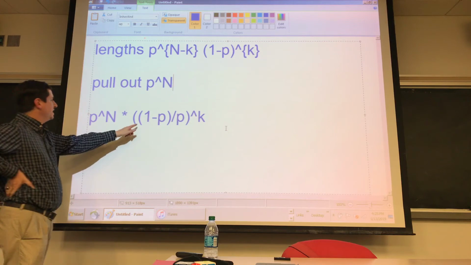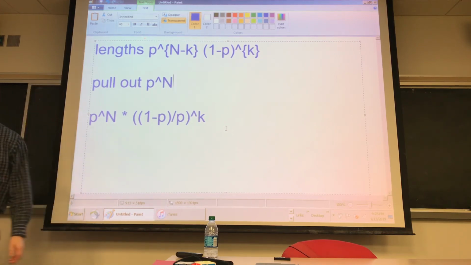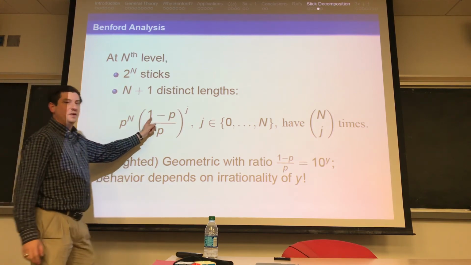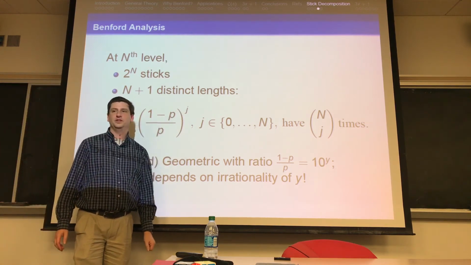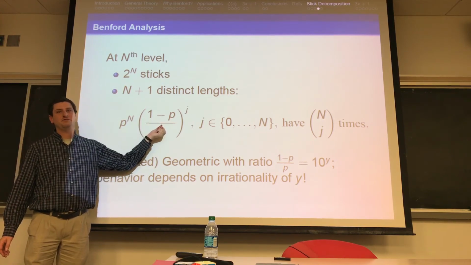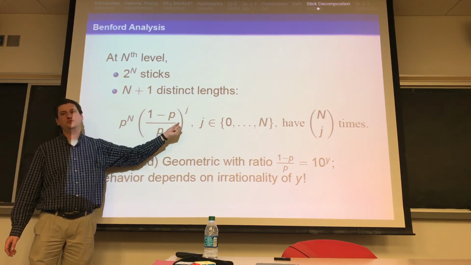So if I do it like this, I can see this factor is the same for everything in level n, and then this factor is going to change depending on what k is. If (1 minus p) over p is 10 to a rational number, then I'm only going to get finitely many possibilities. Notice that this looks a lot like our equidistribution stuff. If beta is irrational, then n beta mod 1 is equidistributed.